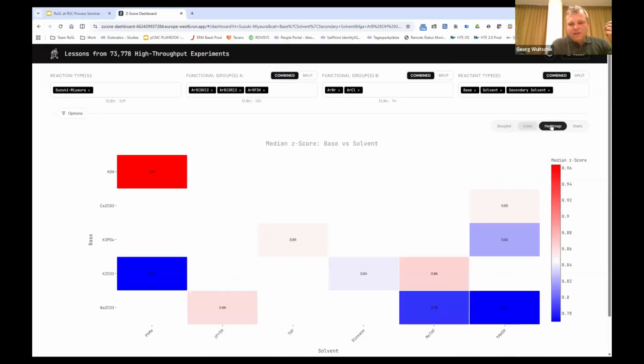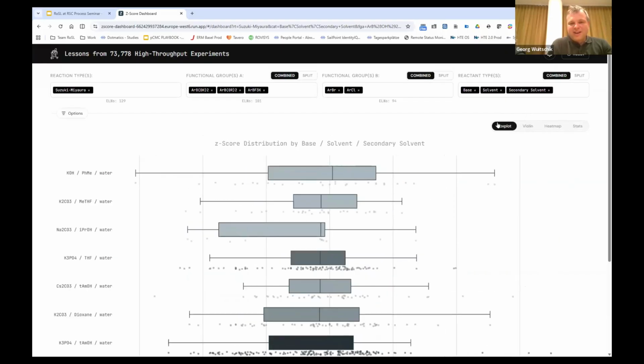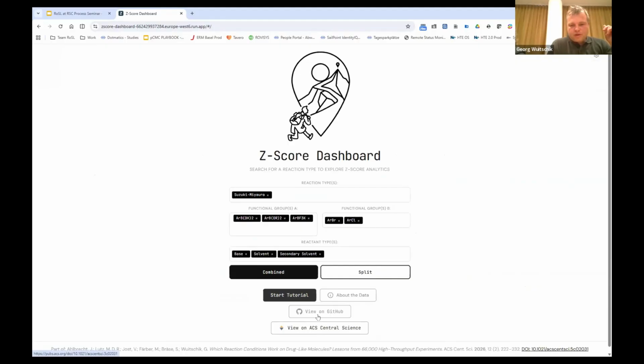You can also do interesting other stuff, like which cross combinations are really the best, like violin charts. The student, Jesse, who built that, really had a lot of fun vibe coding the whole application together. And you can use that all for free. And you can also download the source code, of course.